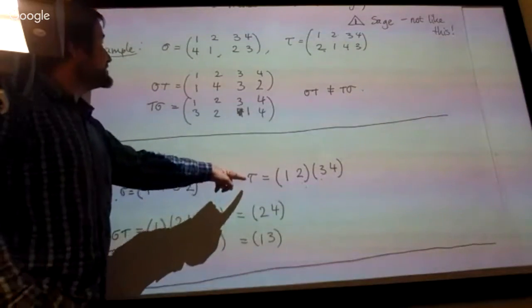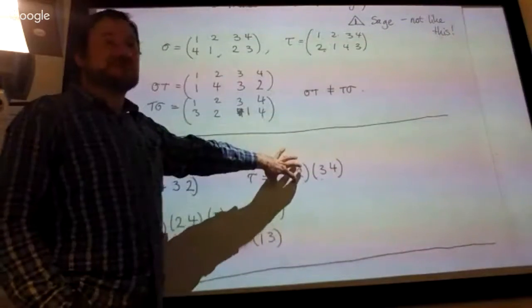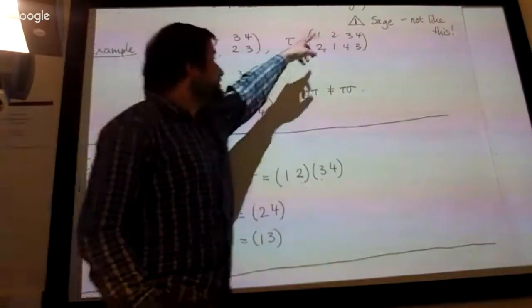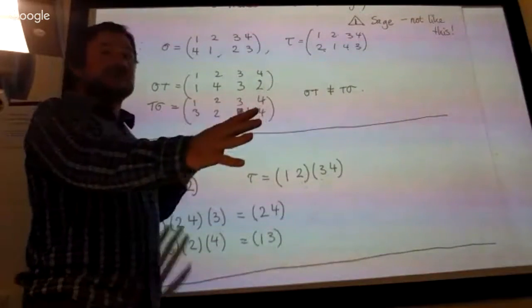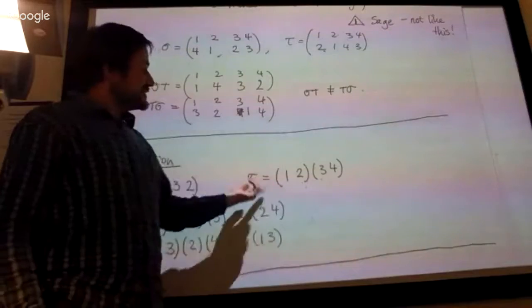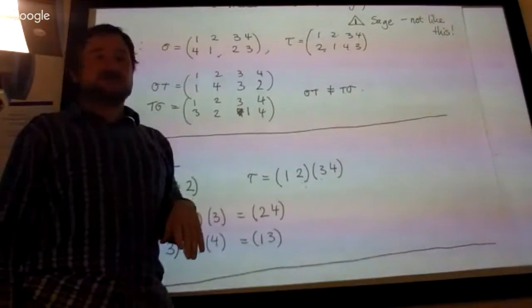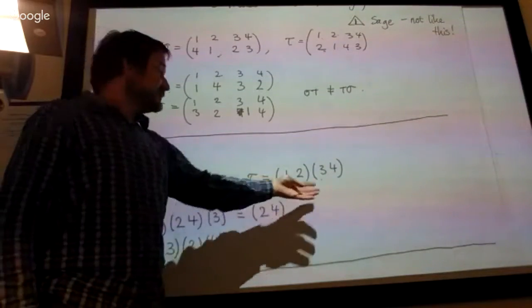Tau. What is the first cycle? Well, 1 goes to 2, 2 goes to 1. That goes in the first cycle. Now I'm only left with 3 and 4. So 3 goes to 4, 4 goes to 3, it's the second cycle. If I had a larger permutation, I could need more disjoint cycles in here, but this is what I've just done. So this gives me a product of disjoint cycles.